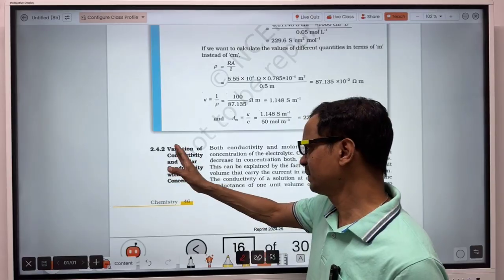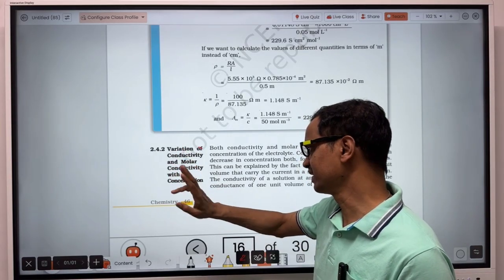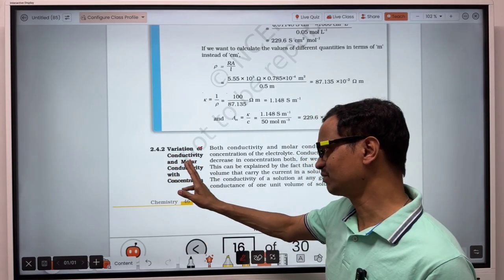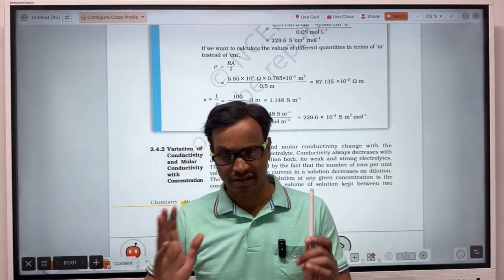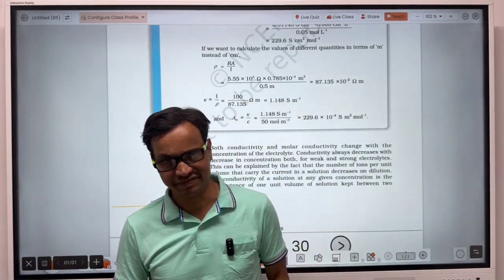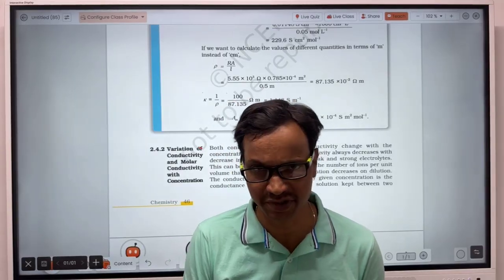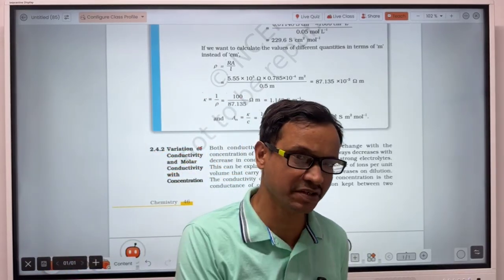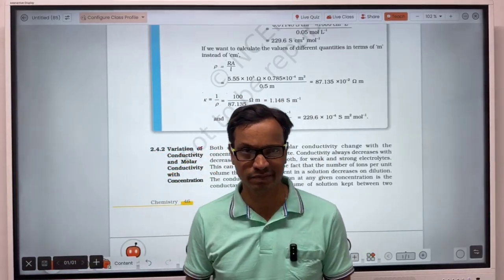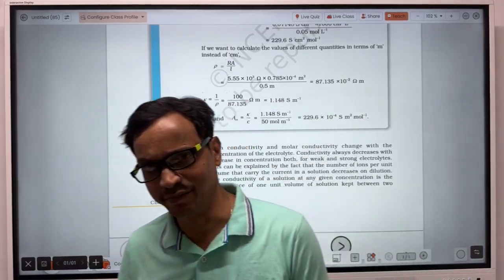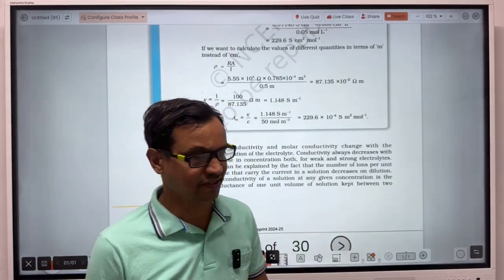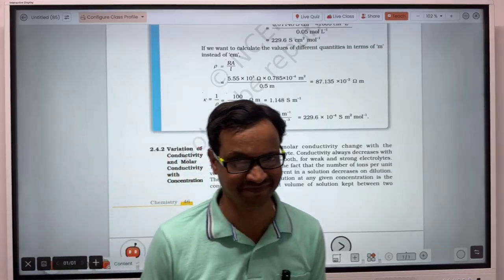That means what will be the relationship between conductivity as well as molar conductivity with the concentration of the electrolytic solution. That means if you dilute the solution or if we concentrate the solution, then what will be the effect on the conductivity and molar conductivity, we will discuss in this topic.